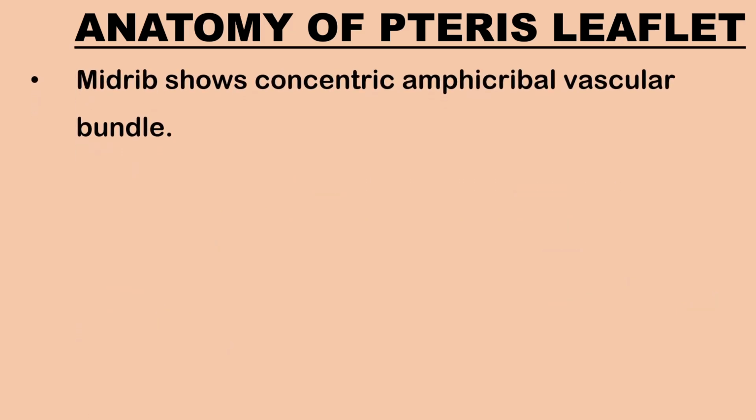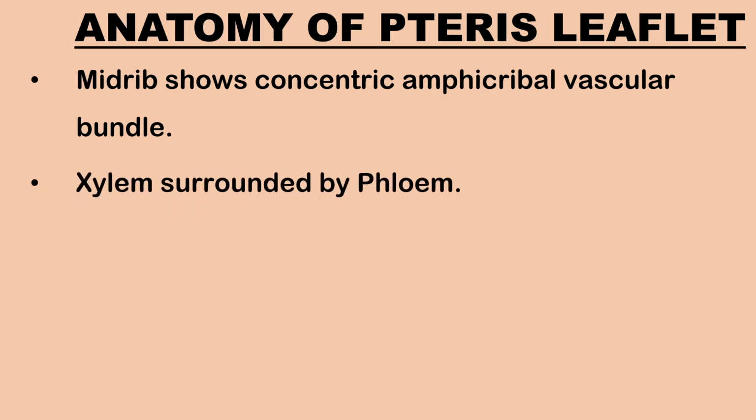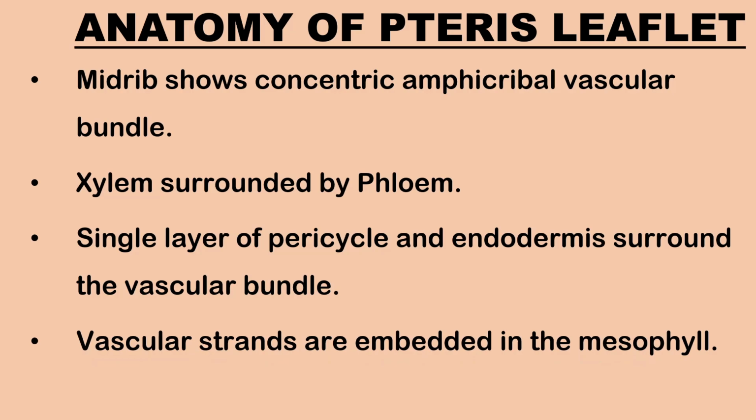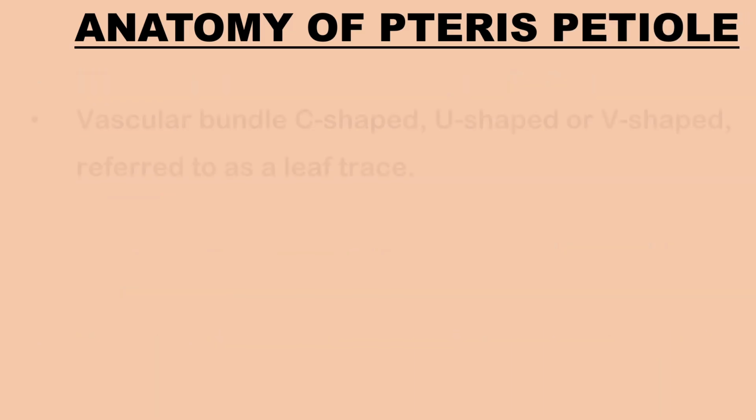Midrib shows the presence of concentric amphicribral vascular bundle in which the xylem is surrounded by the phloem. The vascular bundle is surrounded by a single layer of pericycle and endodermis. Vascular strands are embedded in the mesophyll.